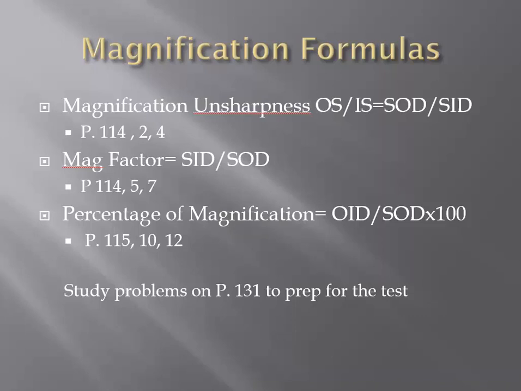Now specifically, number 5 is asking for magnification factor. So it's not really asking you what the size of the image is. If that's all the question is asking for, then that's all you give. It certainly doesn't hurt to give more information, but you want to make sure that you give the actual magnification factor. So number 5 says determine the magnification factor if the SID is 40 inches and the SOD is 36 inches.